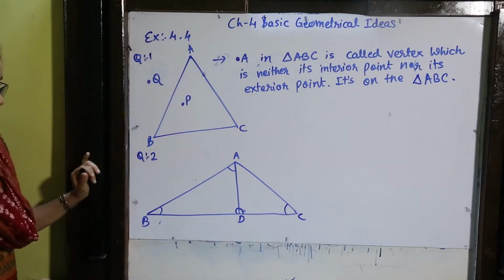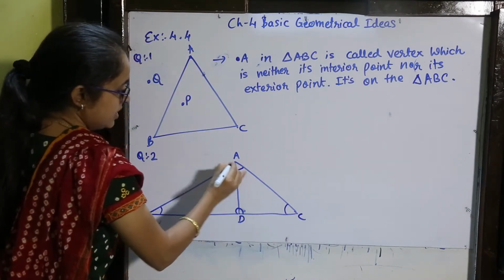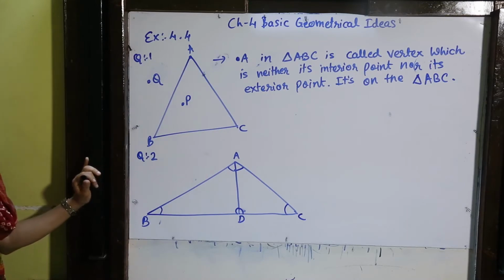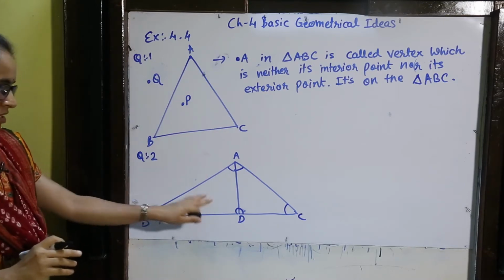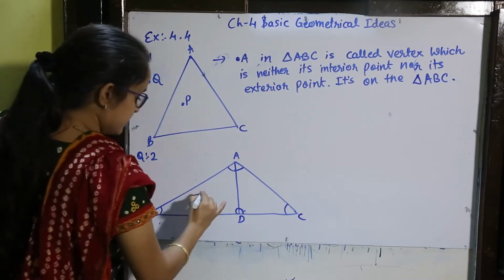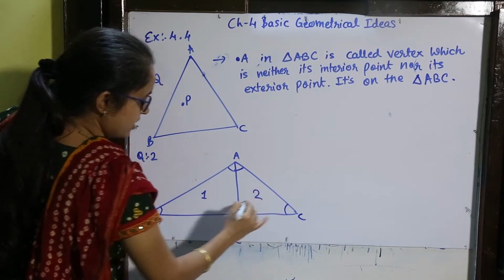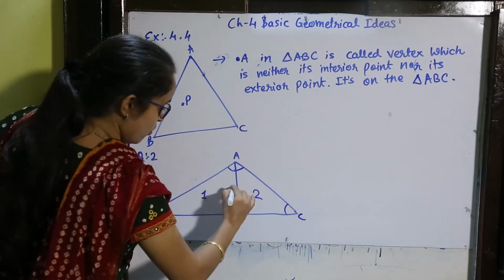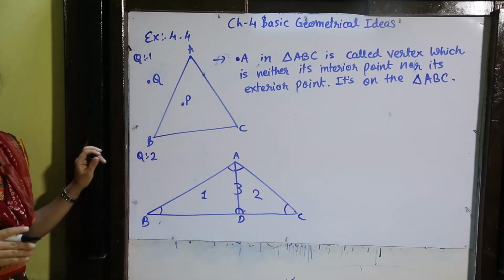Now they are telling you to identify 3 triangles in this figure. So first triangle is this, second triangle you can say this, and third is the whole. So there are 3 triangles.